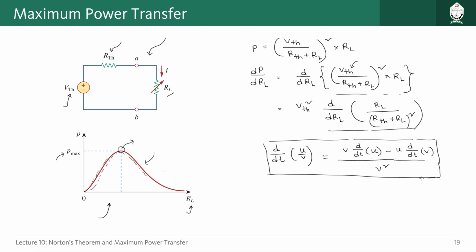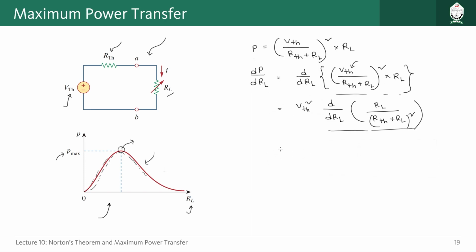So here U is actually RL and V is equal to (RTH plus RL) whole square. So what should be the value of dU divided by dRL? That should be equal to 1, right?